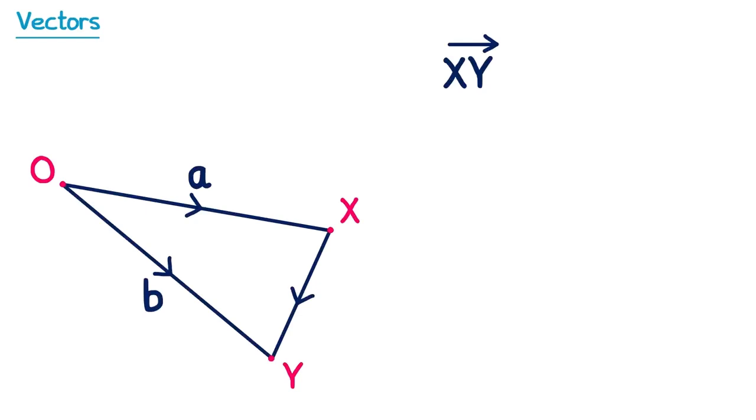So if we start at X with this green dot here, and go along to O, we've just gone along the vector from X to O, so that's XO. Then if we go from here down to the point Y, we've just done the vector from O to Y, so OY.